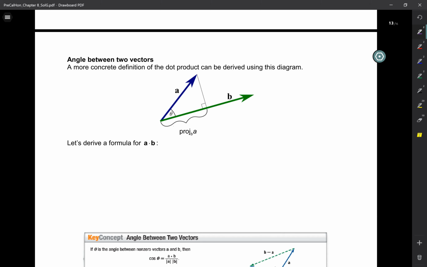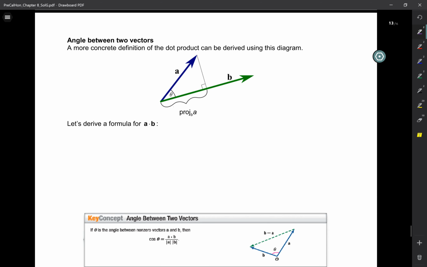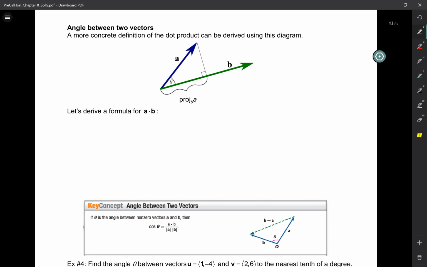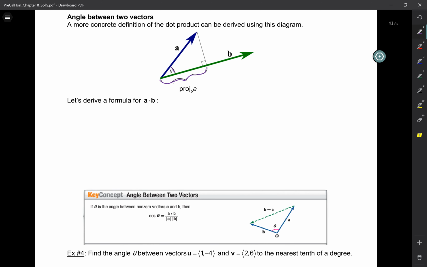Okay. So how would I now find the angle between two vectors? All right. Here you have the two vectors like we said before. This here is the projection, and you have an angle theta in between. Now, let's talk about what A dot B is.